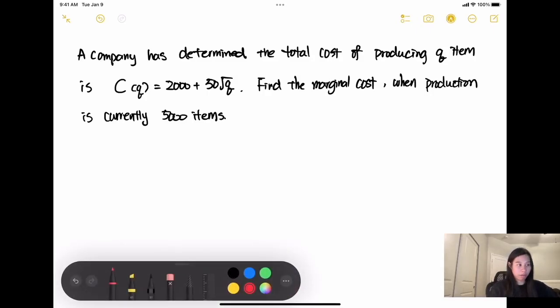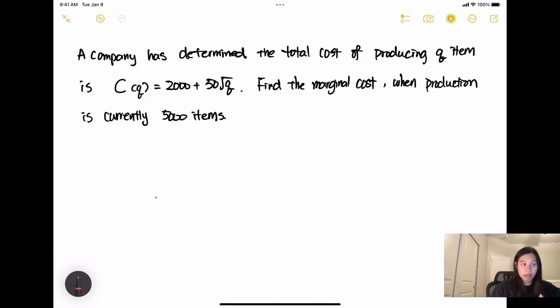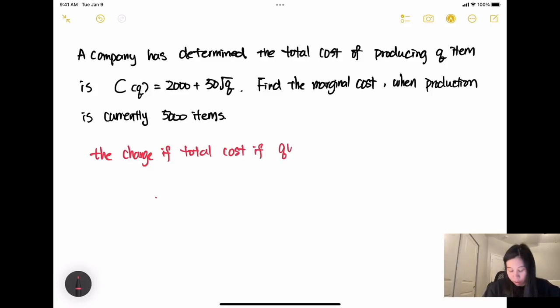Marginal cost is defined as the change in total cost if the quantity of the items produced increases by 1.